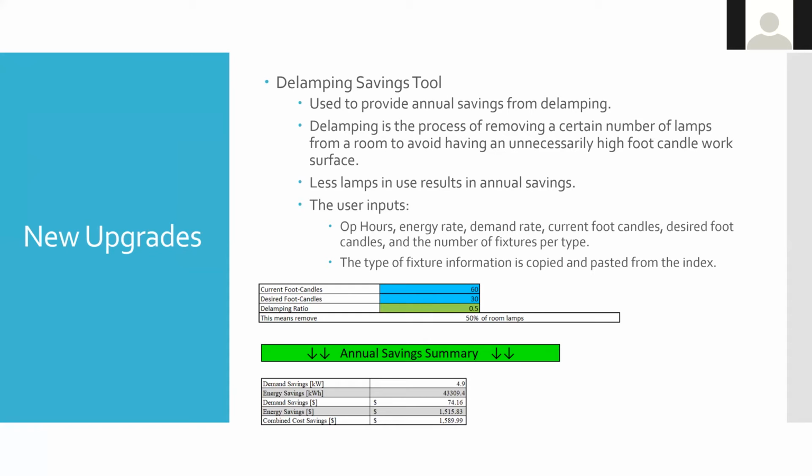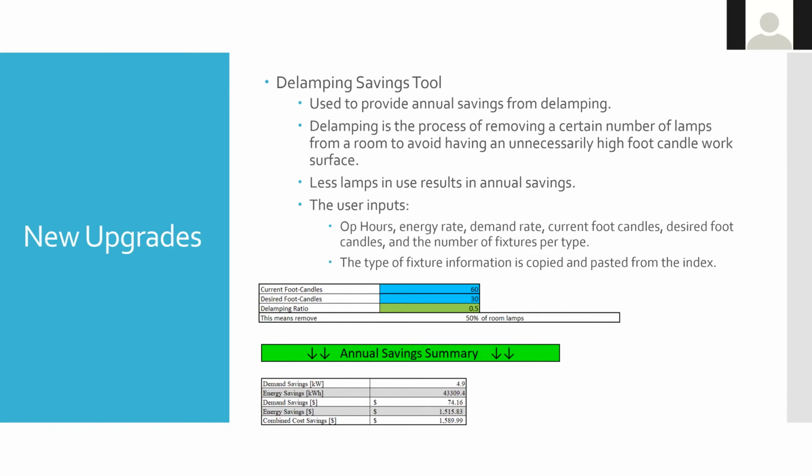In this table, you compare the current foot candles of a working surface at a company with the desired foot candle. We all know sometimes companies use a lot more lights than they need. So by reducing this to the minimum amount, or whatever is required by law, you can really have a lot of savings.